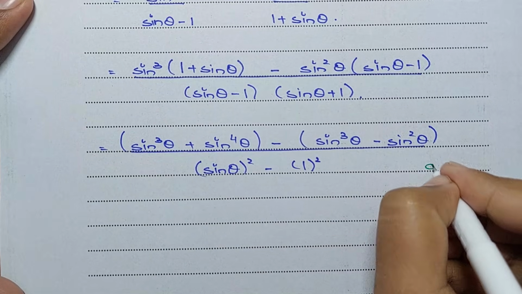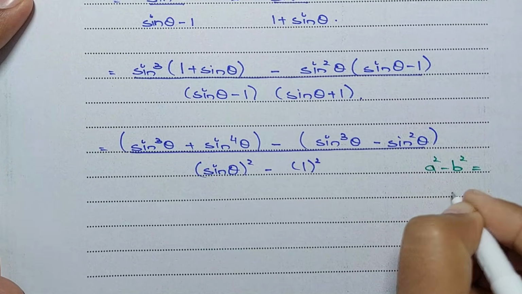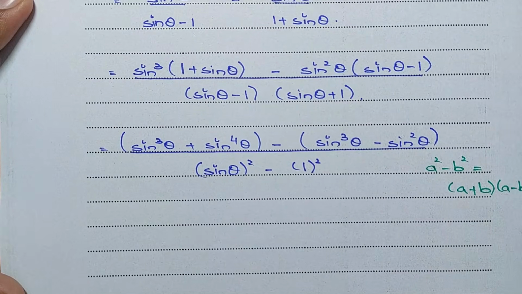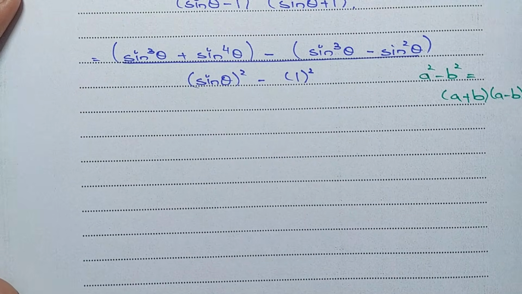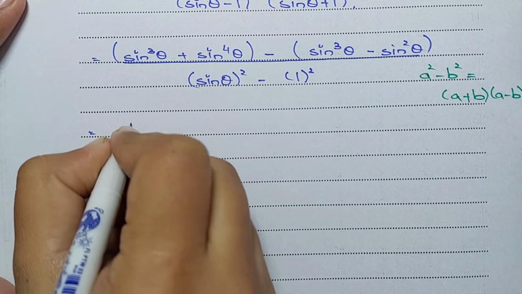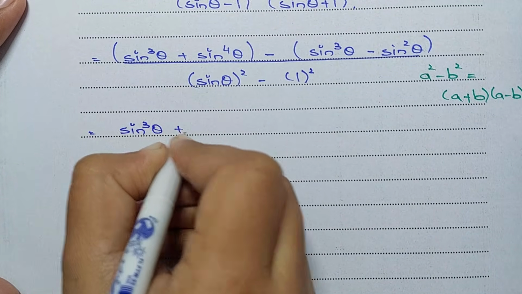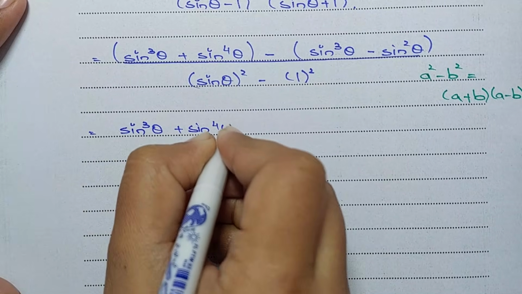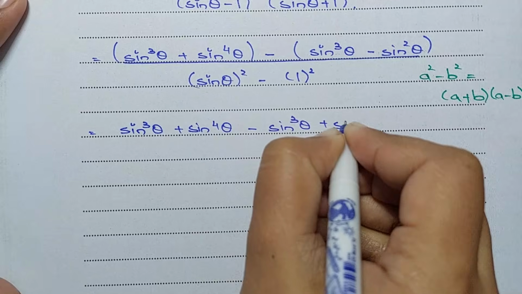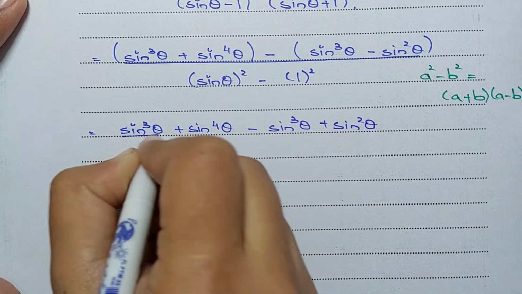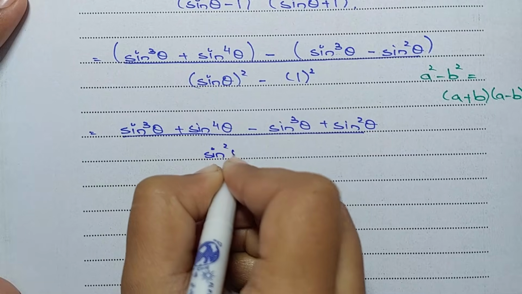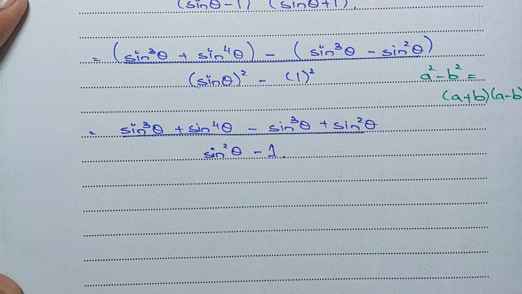Use the formula of difference of squares: a square minus b square equals a plus b into a minus b. When you have two factors with a plus and minus, apply the difference of squares formula. Now we open the bracket: sine cube theta plus sine 4 theta minus sine cube theta plus sine square theta, everything divided by sine square theta minus 1.